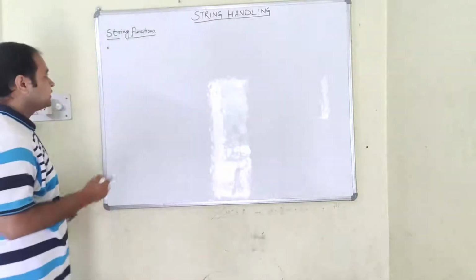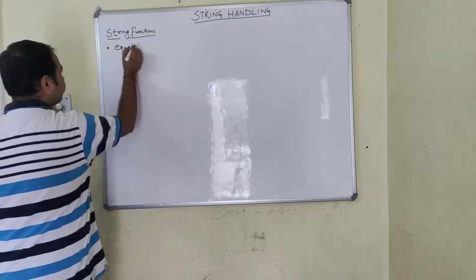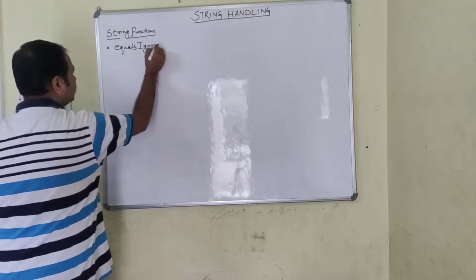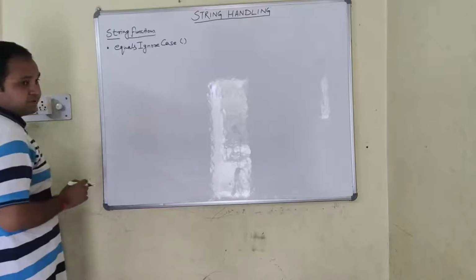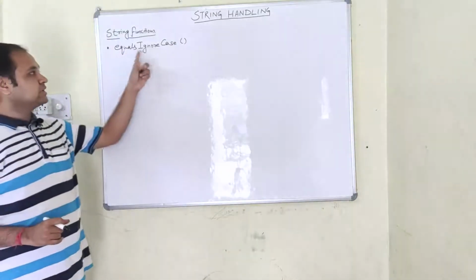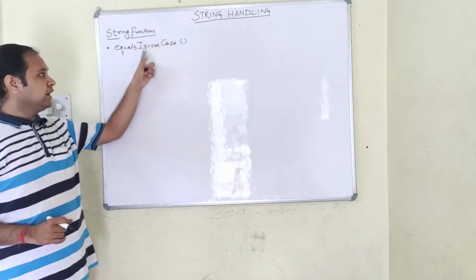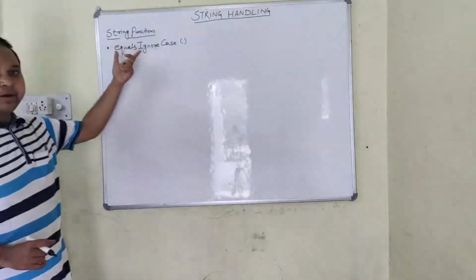So the next function is equalsIgnoreCase. There is a specific way of writing this particular function. In equalsIgnoreCase, the C of the word case is capital, and all are written together.